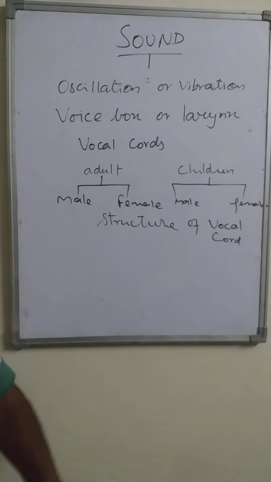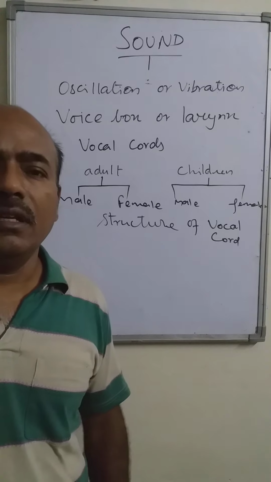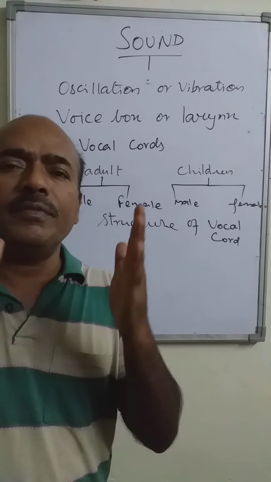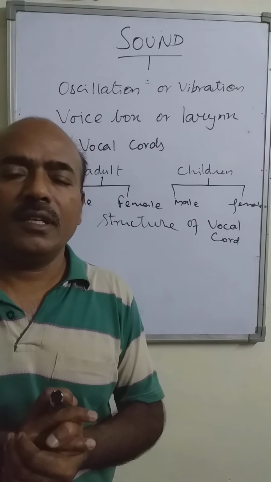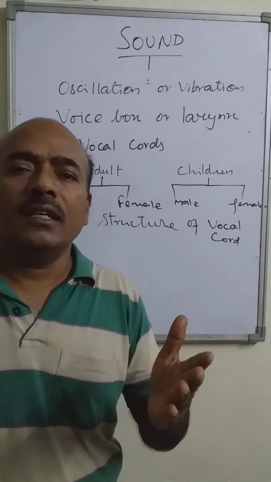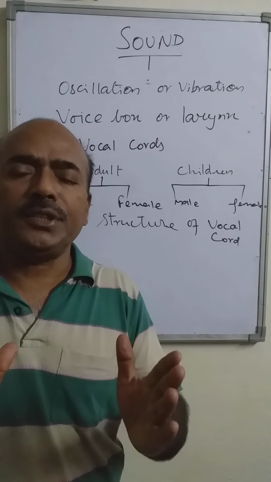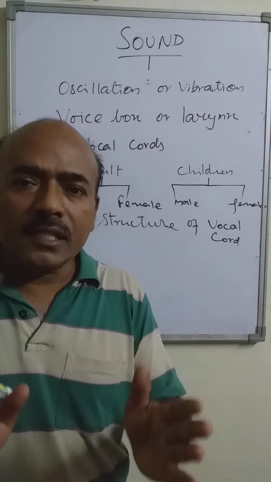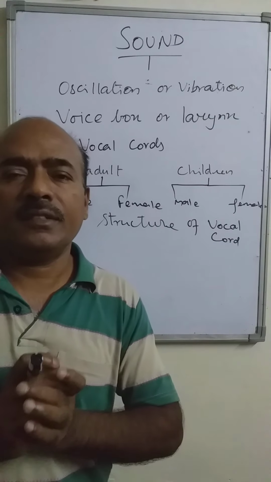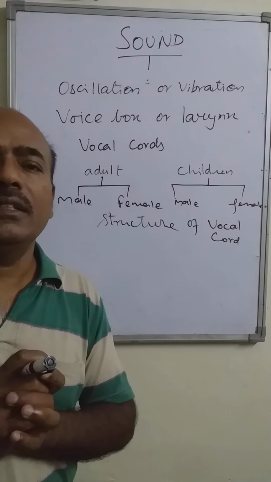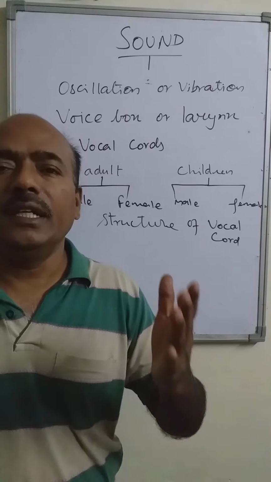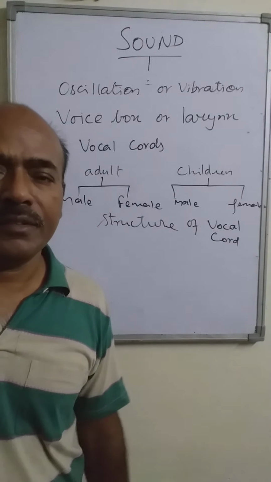In human beings also it is the same thing. All the vocal cords are made up of tissues, but the same kind of tissue is in different structure. That's why the sound is different in different human beings.